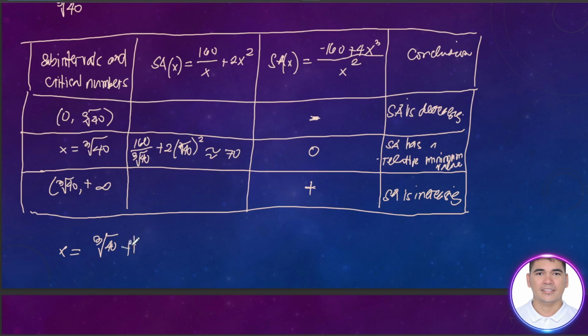Ito yung required na dimension po ng box as the sides of its square base. And y equals 40 over x squared. Substitute lang natin. We got 40 over the square of cube root of 40, which is equal to cube root of 40.